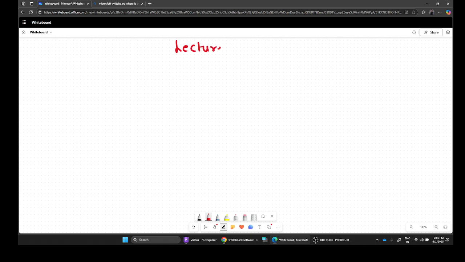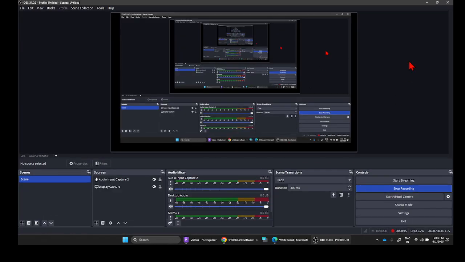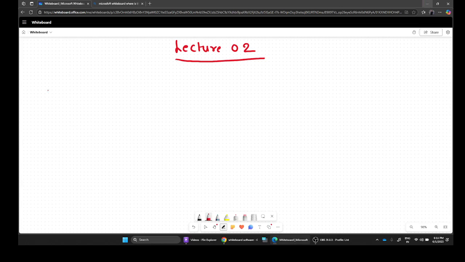This is lecture number 2 of the course Engineering Mechanics. In the last lecture, we defined velocity of a particle with respect to a frame.